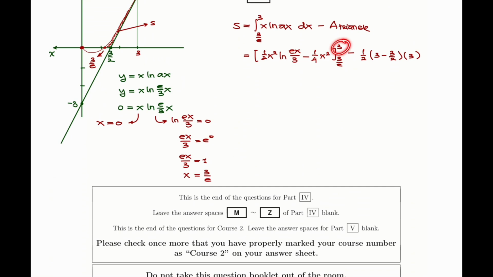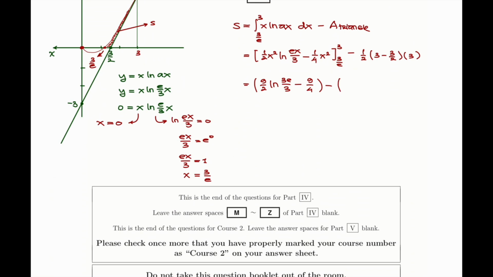If I substitute 3 for x, I will get 3 squared, which is 9. 9 over 2 ln(3e/3) minus 9 over 4. This is for the upper limit. Minus the lower limit, substitute 3 over e into this expression.